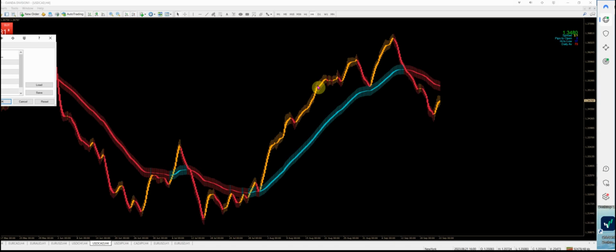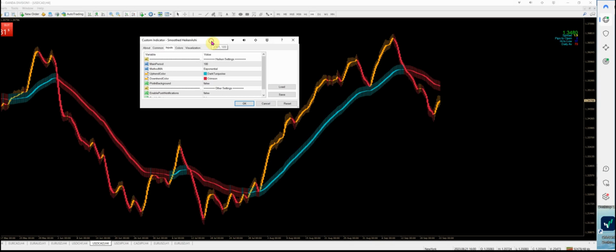I'm not going to go over how Heiken Ashi candles are calculated. You can look that up. But what this indicator does is it puts the Heiken Ashi in the form of a moving average. This blue one is set to a 100 period moving average, exponential.